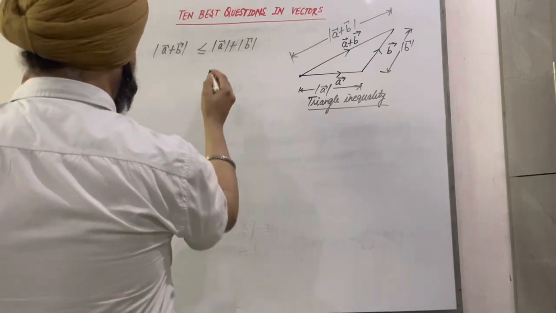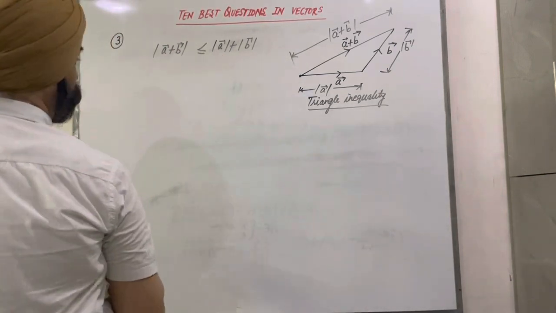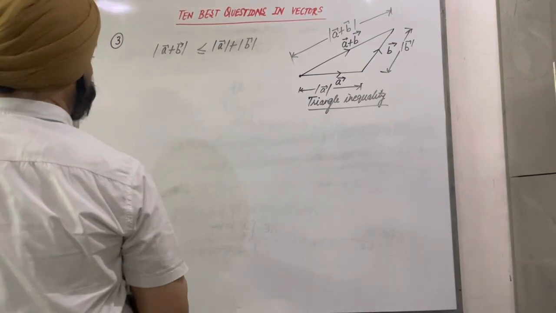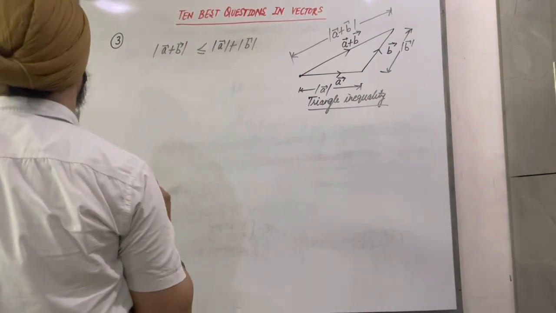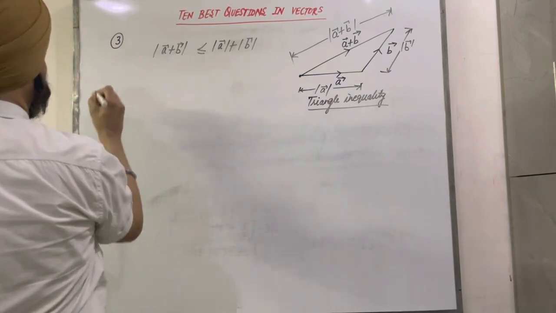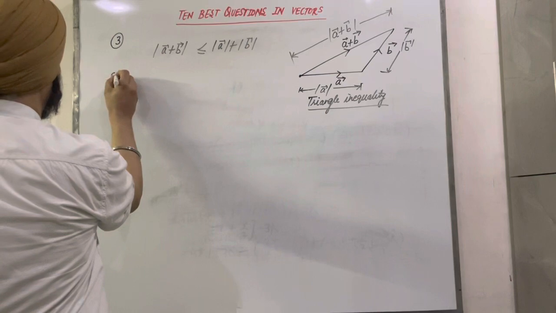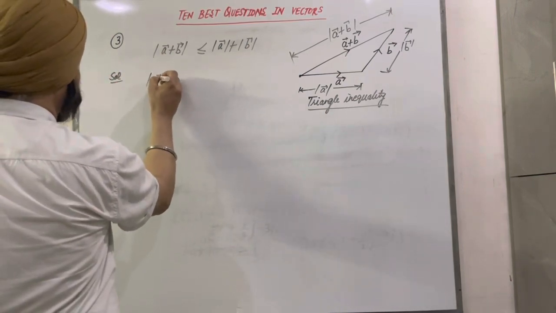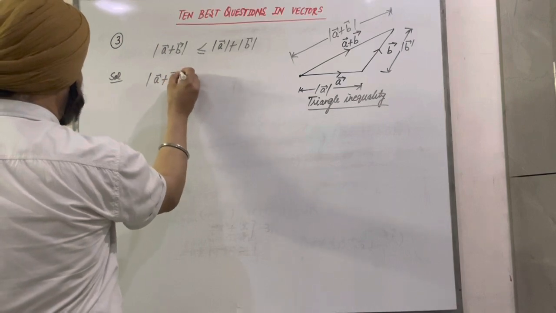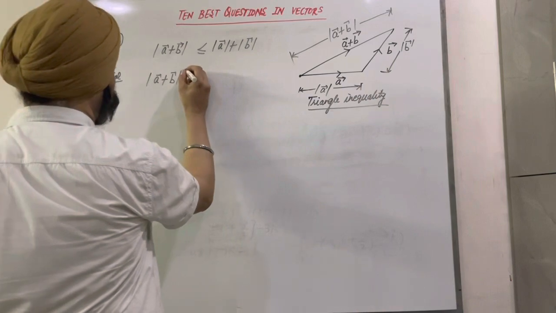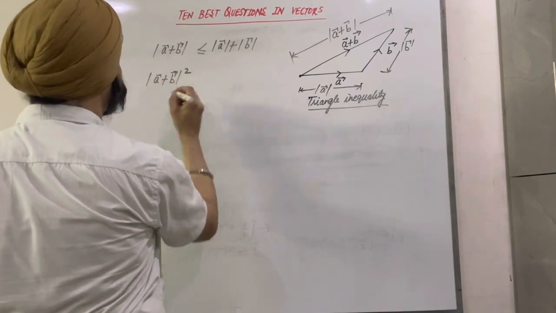So here, remember, whenever we are dealing with vectors and we come across modulus, starting with the square of the modulus is very, very important. So if we look for the solution here, we start with magnitude of vector A plus vector B, whole square.